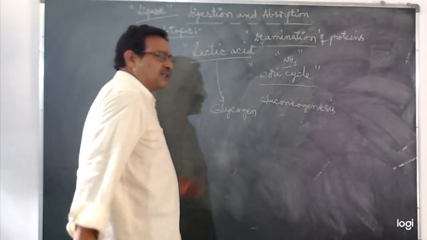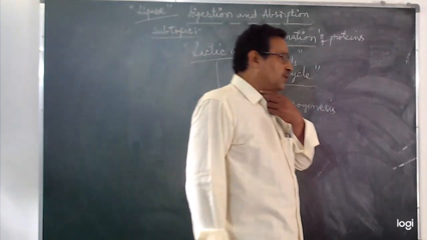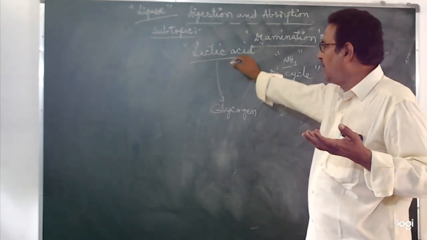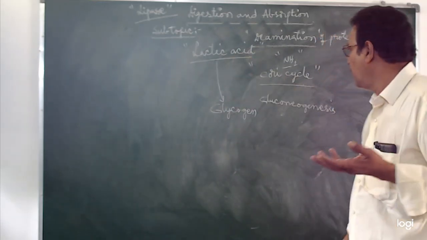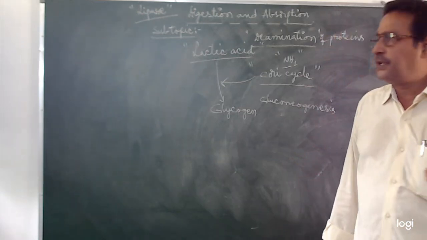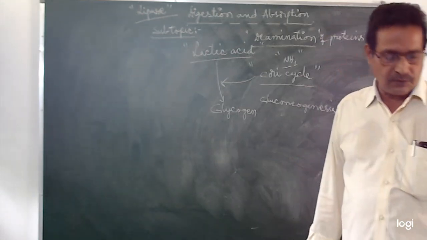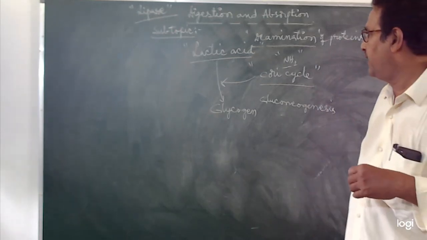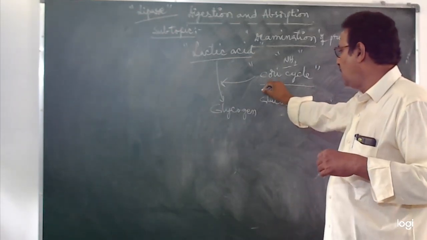Glycogen and sugars are produced from a non-carbohydrate substance, that is lactic acid, through the Cori cycle, which takes place in the liver. This is another function of the liver.